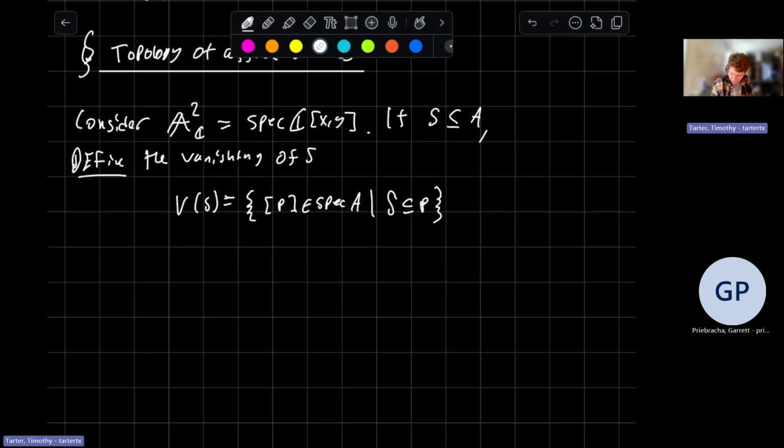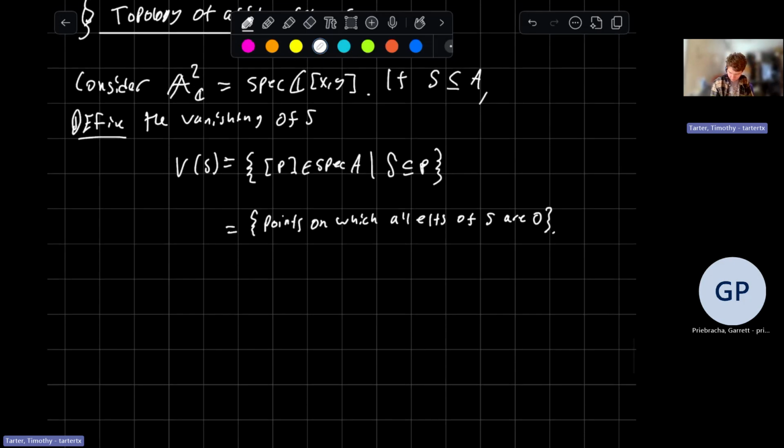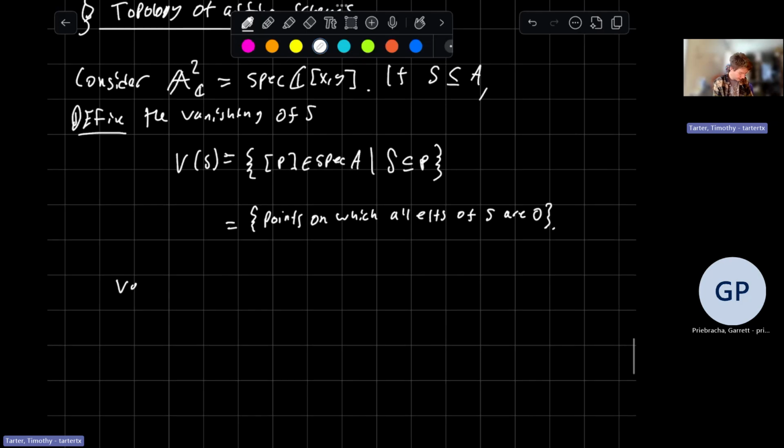It is the set of points on which all elements of S are 0. Thus, vanishing at a point is in direct correspondence with S being contained in the prime.